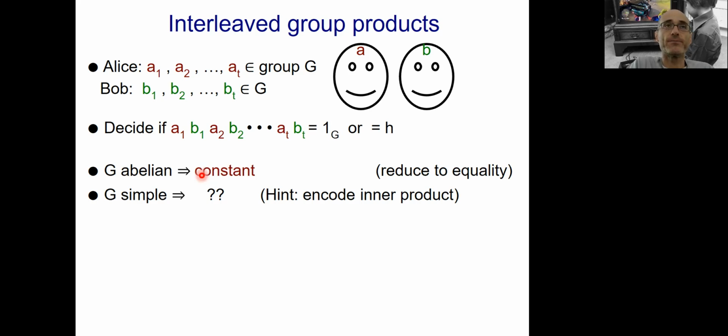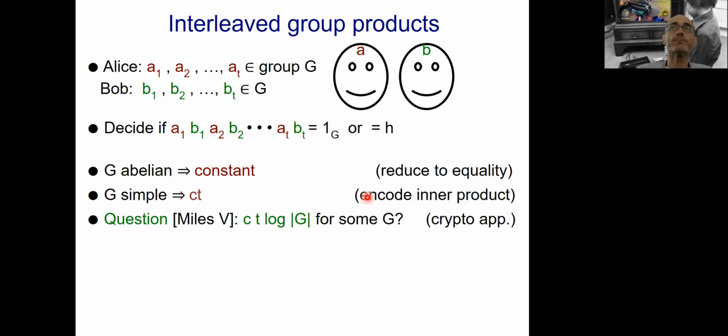The communication is constant. Now, what if the group is a harder type of group, like a so-called simple group? As a hint, here you can encode inner product. And in this case, the communication becomes linear. They will need a constant times t. This looks like a strong bound, but if you think about it, it doesn't depend on the size of the group.